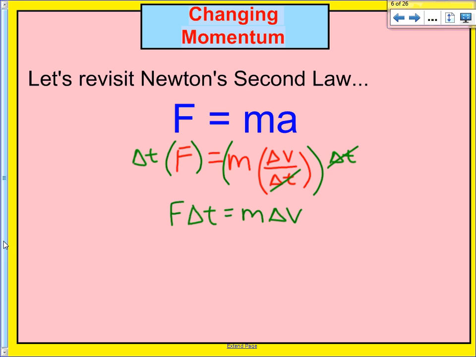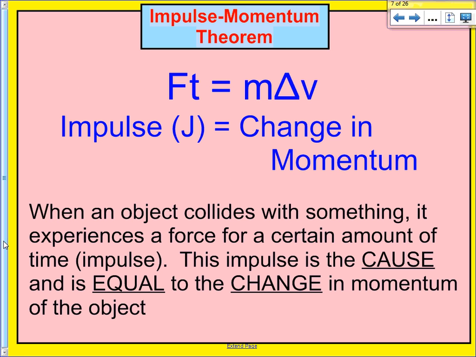Now, we already know what this side equals. This side equals the change in momentum. But if we look at the other side, the left side, we have another product here, force times change in time. What is that? Well, force times change in time actually has a name. It's called impulse. So we end up getting what's called the impulse momentum theorem.